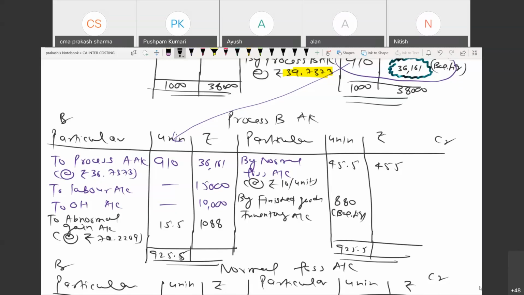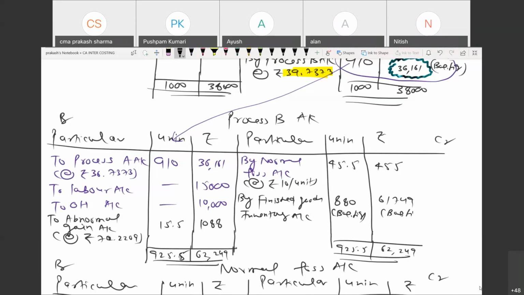Also calculate the final value: 36,161 plus 15,000 plus 10,000 plus 1,088, it is 62,249, less 455. So it is 61,749. Yes, you are correct.